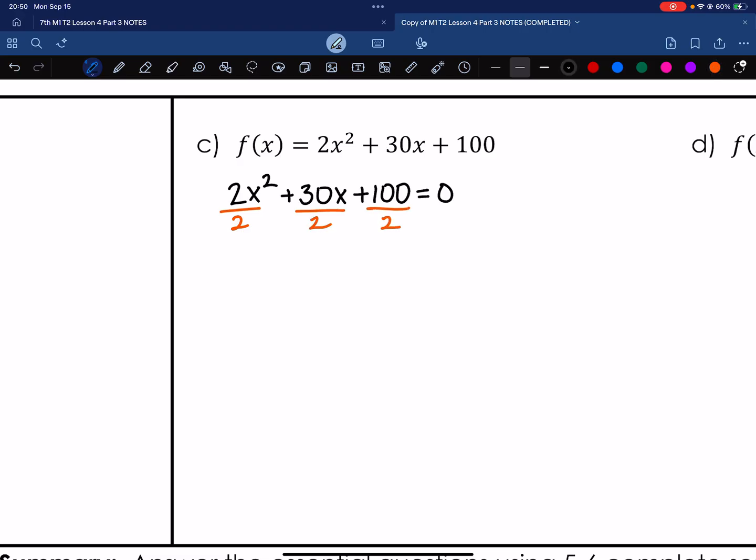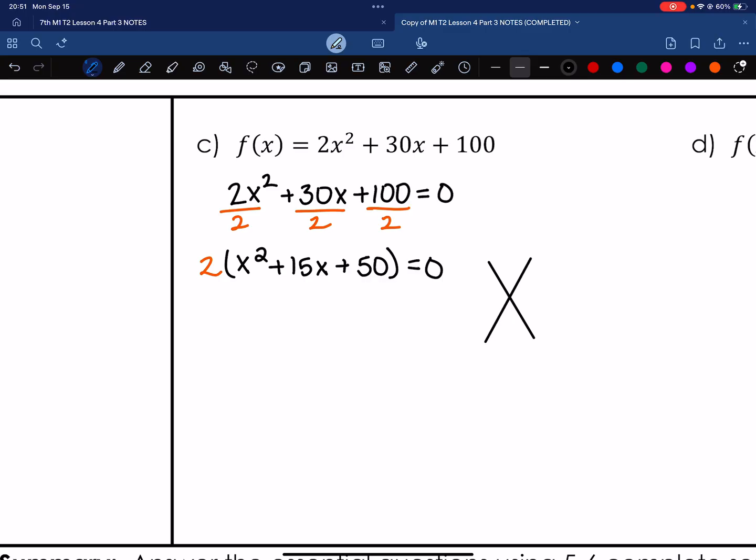So when we do that, we have 2 times x squared plus 15x plus 50. And since we did that, notice now there's not a number in front of our x squared. So therefore, slide and divide is not required here.